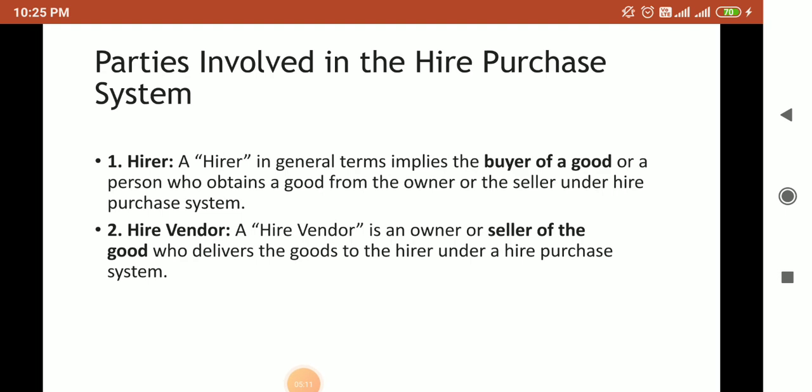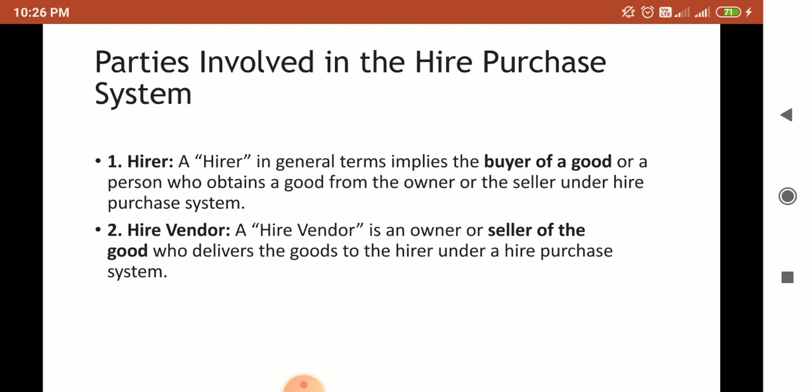The parties involved in the hire purchase system are, number one, the hirer. A hirer is a general term that implies the buyer of goods, or a person who obtains goods from the owner or the seller under the hire purchase system.